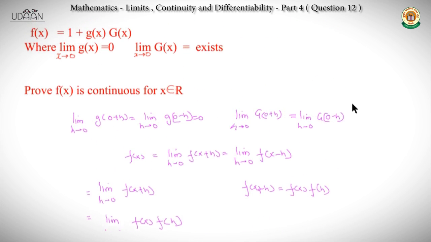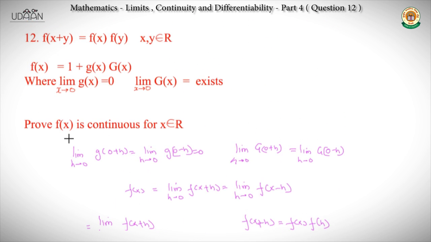Let's recapitulate the question. We were asked to prove that f of x is continuous for all x belongs to R. We had two given conditions: the limit of small g of x as x tends to 0 is 0, and the limit of capital G of x as x tends to 0 exists.